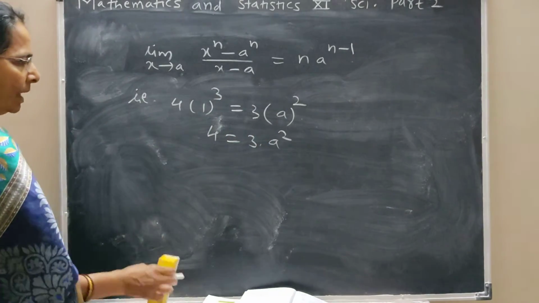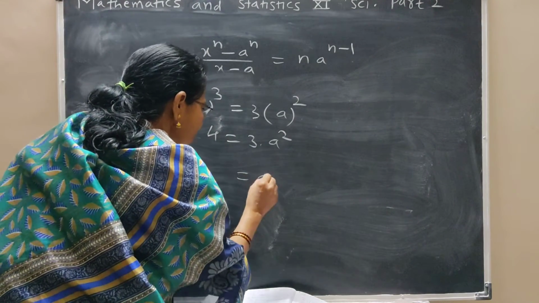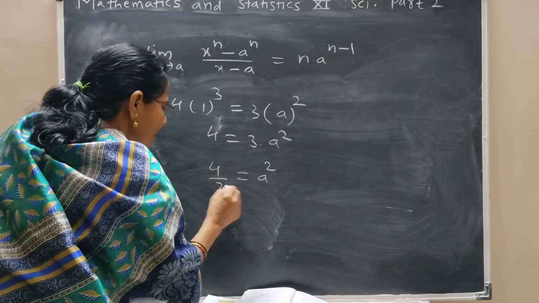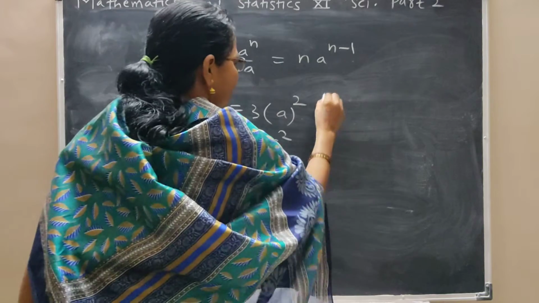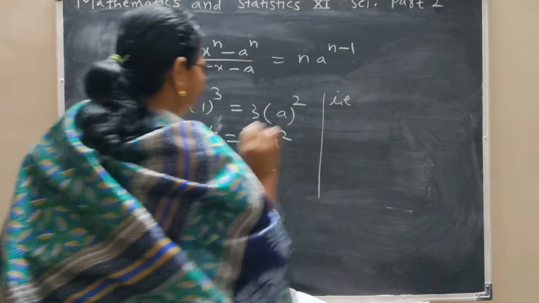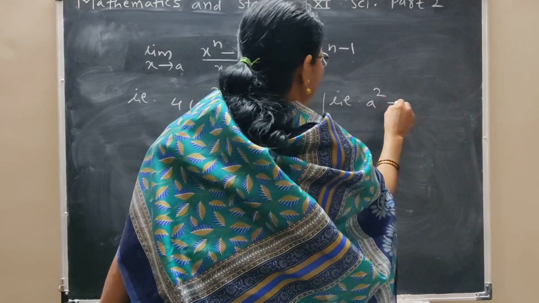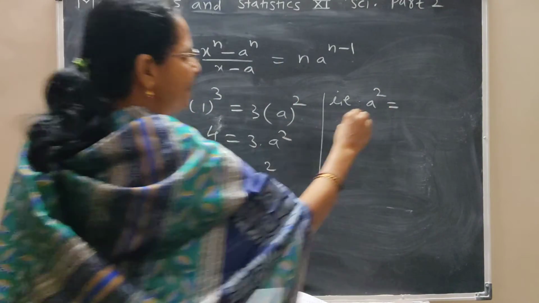We want to find the value of a. So a squared, 3 goes to this side: a squared is equal to 4 by 3.